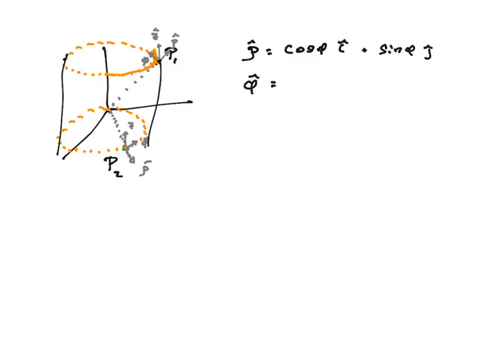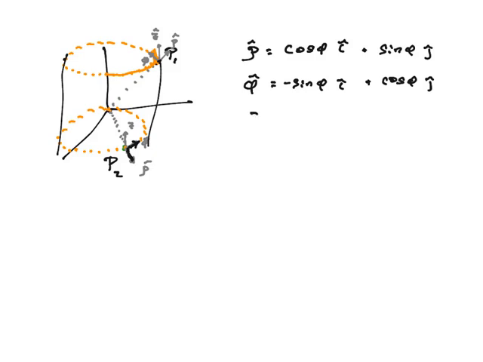So that means the phi hat unit vector is minus sine phi i hat plus cosine phi j hat. Okay? That's the easiest way to think about it. If you look here, rho points this way, phi points perpendicular, 90 degrees rotated. And if I rotate my phi by 90 degrees, then cosine becomes minus sine, and sine becomes cosine. That's all I've done. I've just changed phi to phi plus pi over 2, or phi plus 90 degrees.